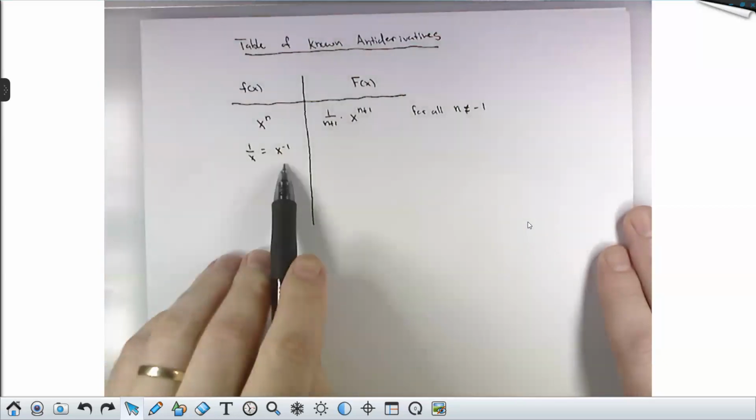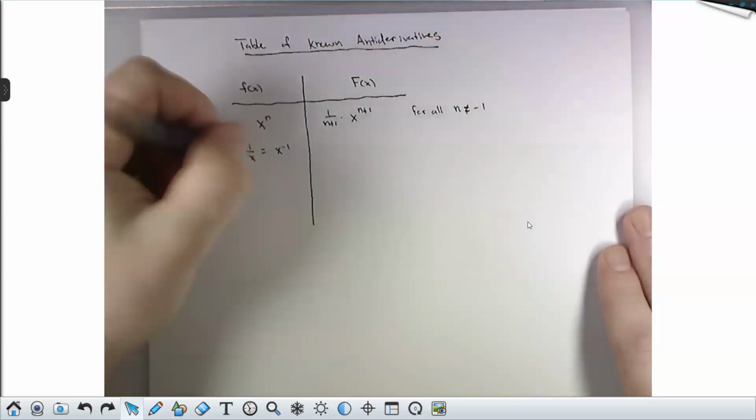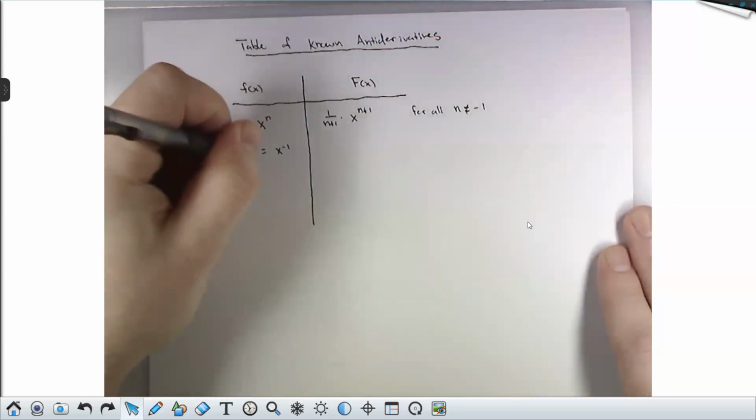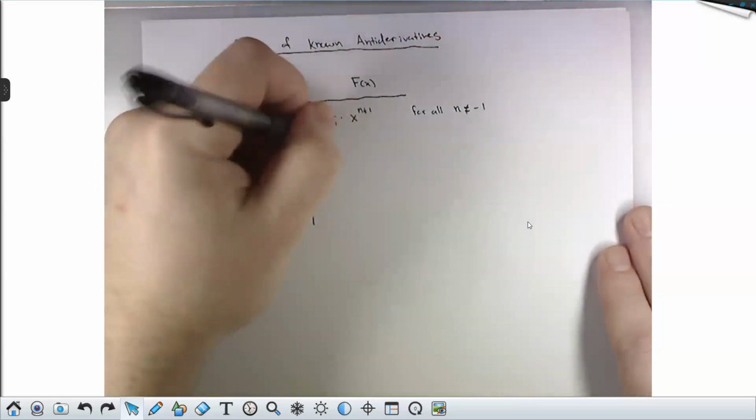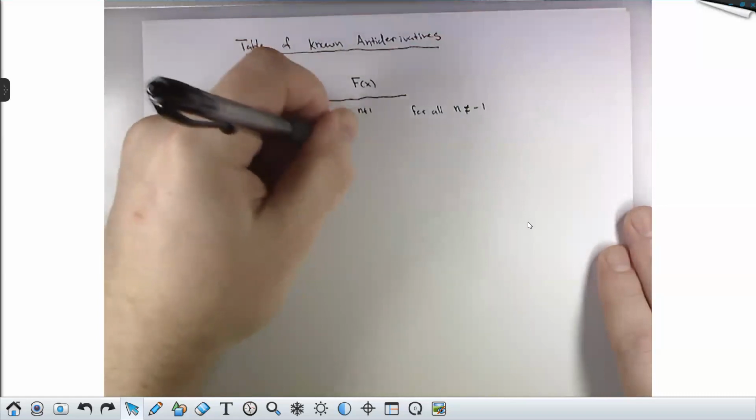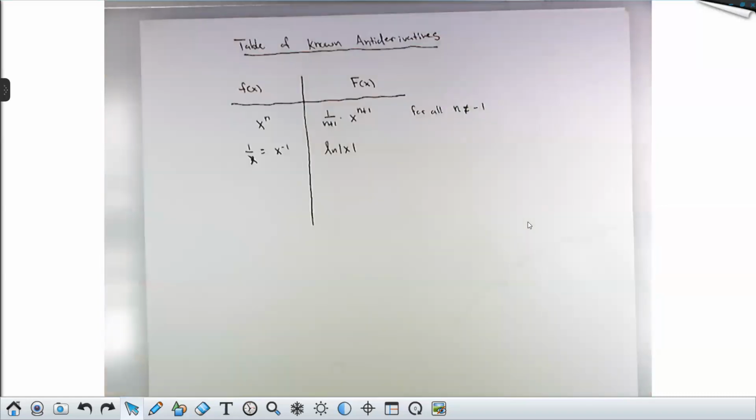So whether you see it written like this or you see it written like this, we know that its antiderivative should be the natural log of the absolute value of x.